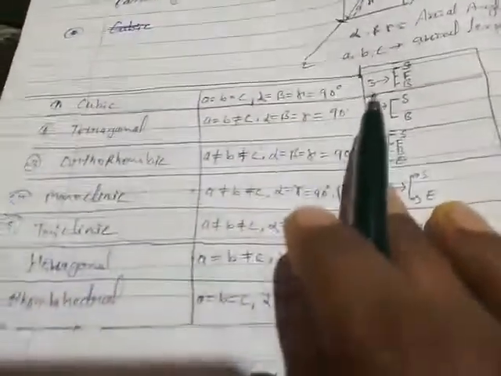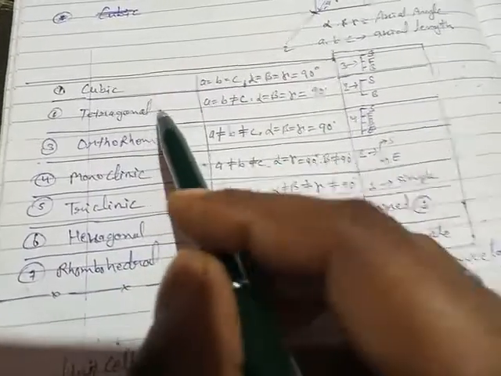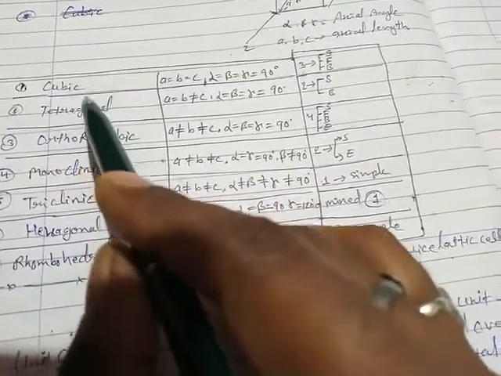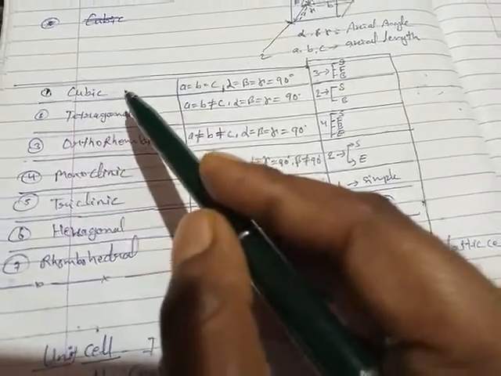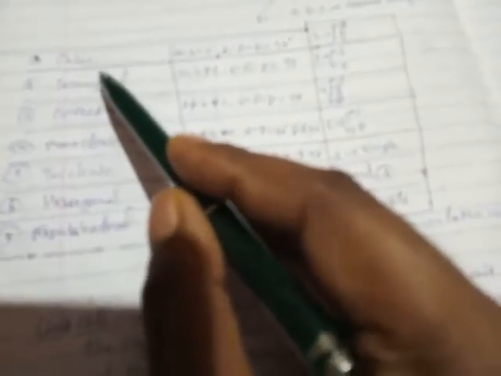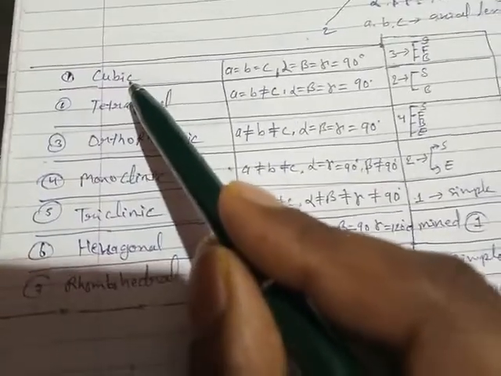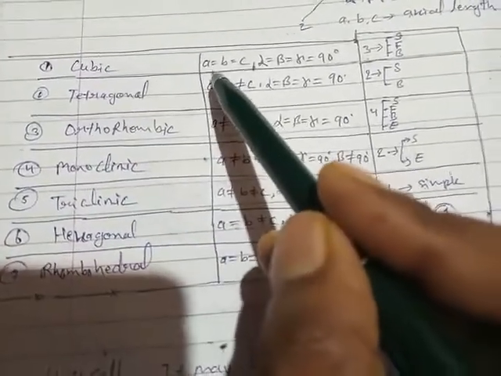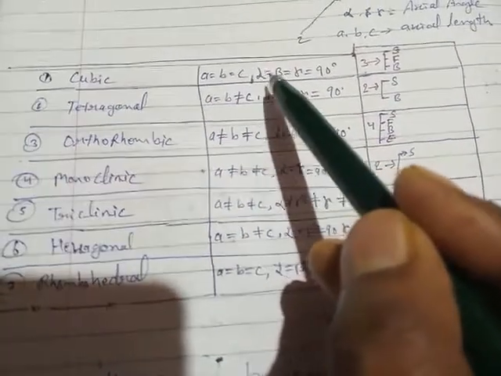Now in this table we will discuss the types of three-dimensional unit cell. We can calculate how many types of simple, body-centered, FCC or end-centered can be found in the cubic cell or tetragonal. Suppose any crystal is in cubic form, so the sides will be a = b = c, but alpha = beta = gamma = 90 degrees.